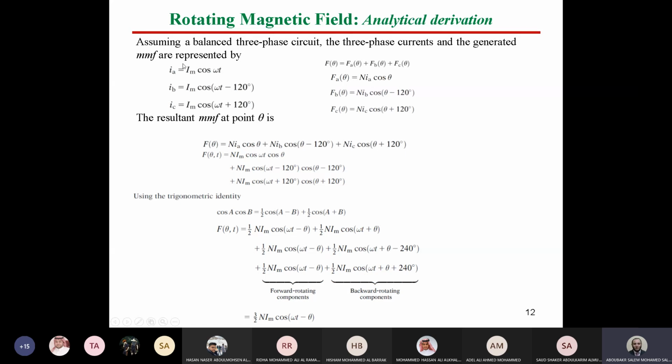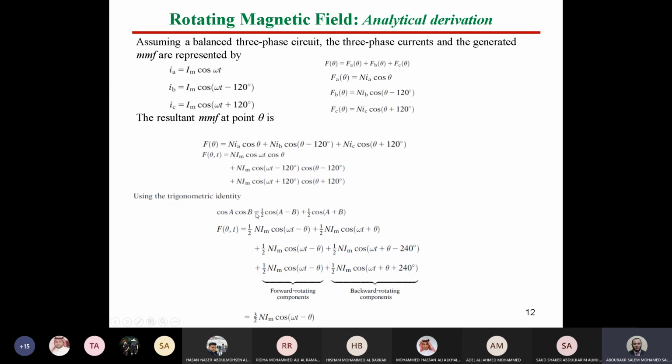So if you substitute the relations of three-phase currents in the MMF, finally you will get N I maximum cosine omega t minus theta plus half N I maximum cosine omega t plus theta. We can classify into different parts. Of course, we have here at angle 0, angle minus 240, plus 240. So we can now classify the MMF in two parts.